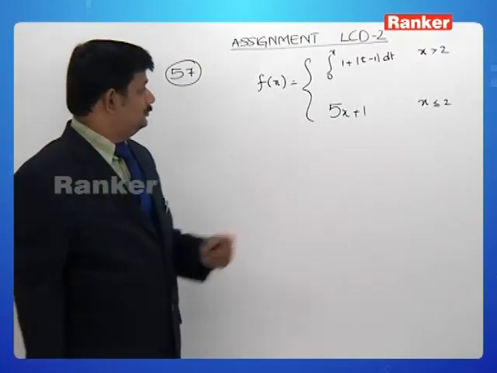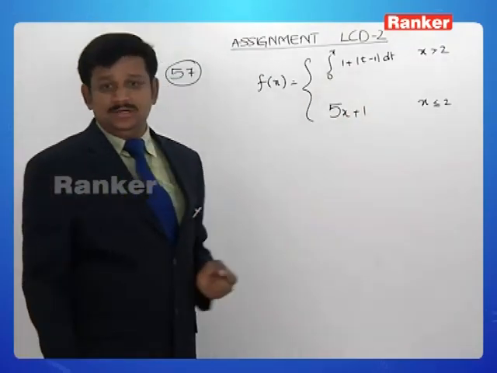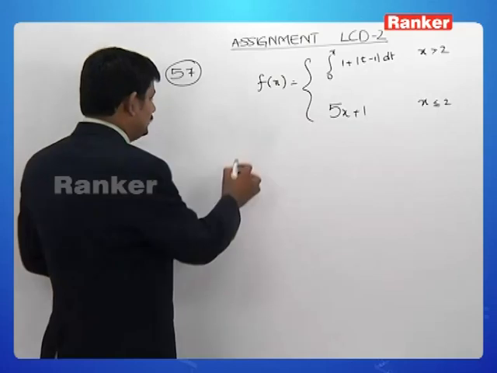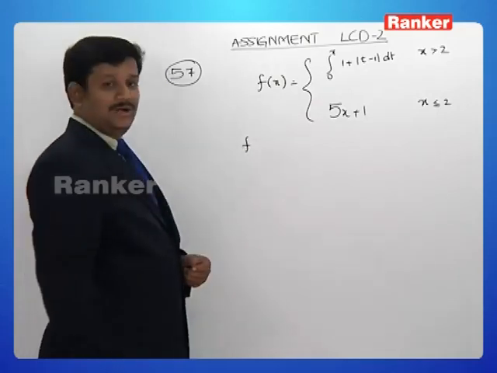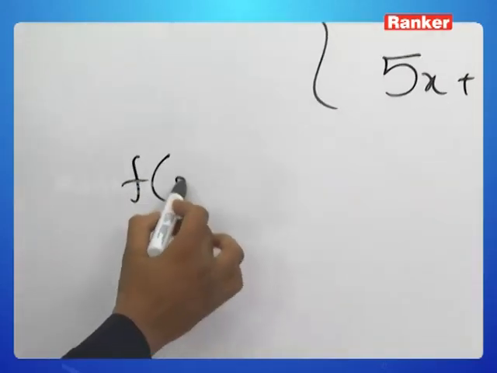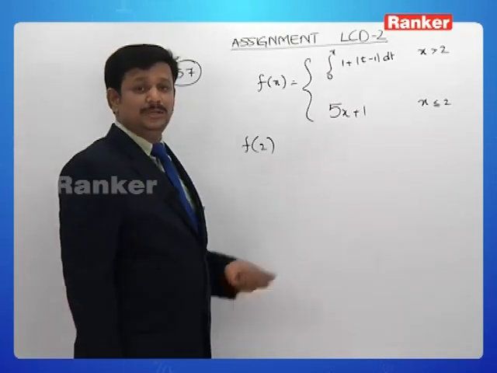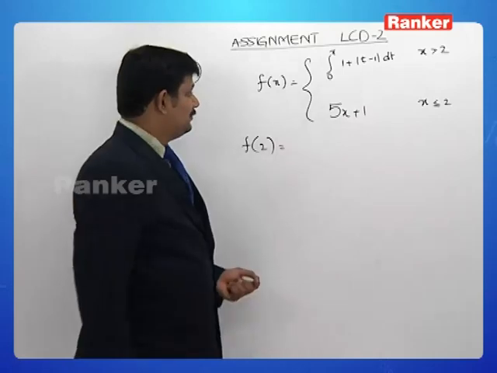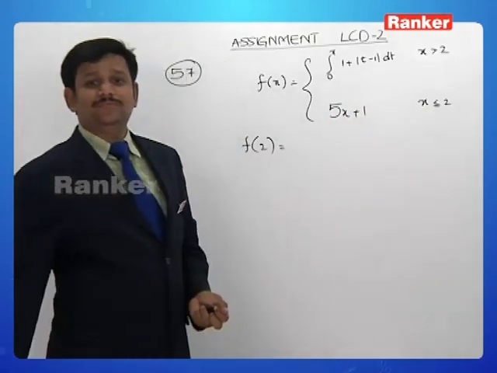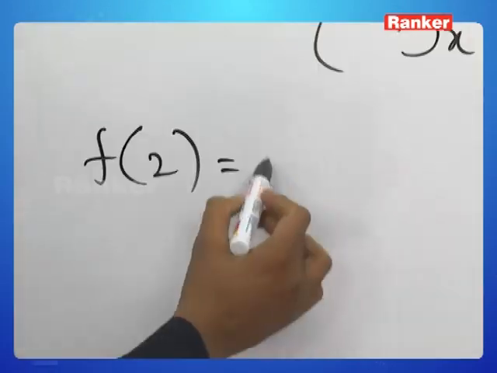At x equal to 2, we need to check continuity and differentiability of this function. So let us start with continuity. For continuity, f of 2 should be same as f of 2 minus, should be same as f of 2 plus. f of 2 is, whenever x is 2, function is given by 5x plus 1. 5 into 2 plus 1 is 11.